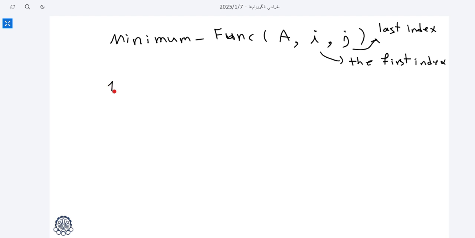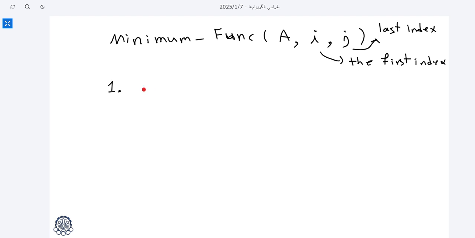Okay. The first step is dividing the problem into smaller problems. How can we do this? We can compute the middle index.